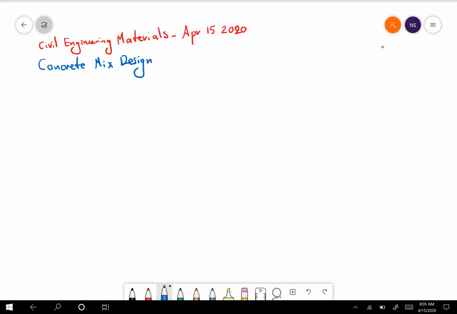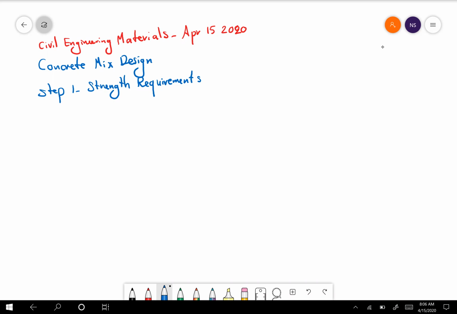So the first step is strengths requirement. Step 1, strengths requirement. And this is probably the most important one because one of the main or ultimate goals of designing a concrete is reaching a specific range of strengths when the concrete is hardened.